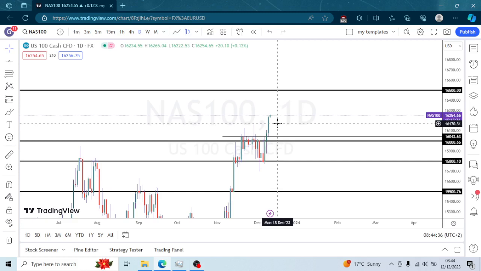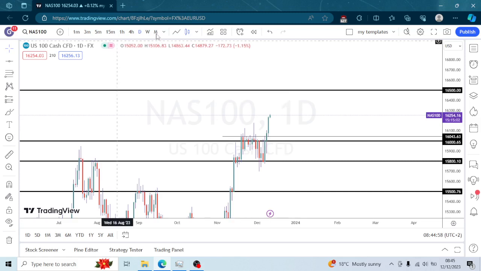It's a 50-50 chance that you'll win or lose, but you increase your chances by trying to figure out a bias or a direction in the market from a higher time frame before stepping down to the lower time frames, looking for entries, setups and patterns, or whatever entry strategy you may be using.